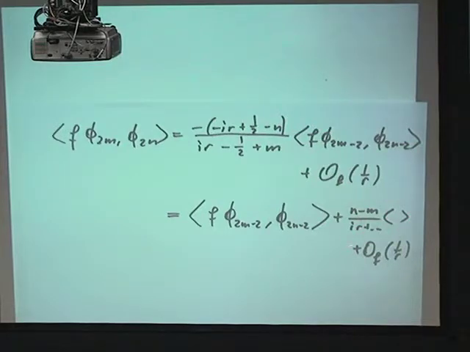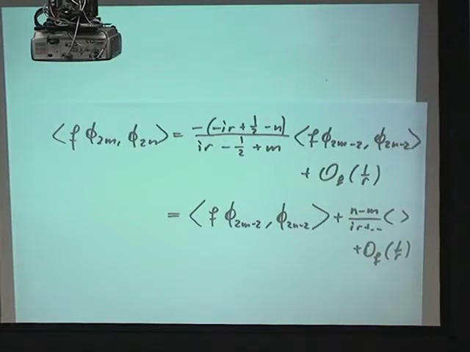Of course, this time we may worry a bit about the numerator, because there's n minus m there. But actually it's not so bad, because if n and m are very different, if they're far apart in weight, then the whole inner product is equal to 0, as is this one. So we don't need to worry about the error terms because everything is 0. Why is that? Because f is k-finite. It has only finitely many weights.